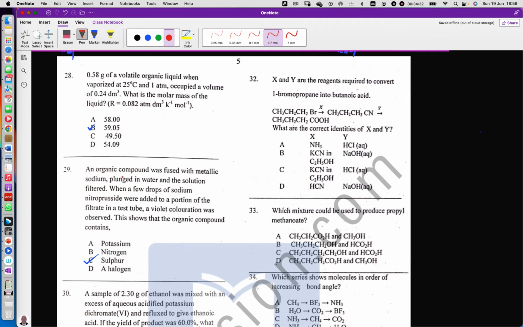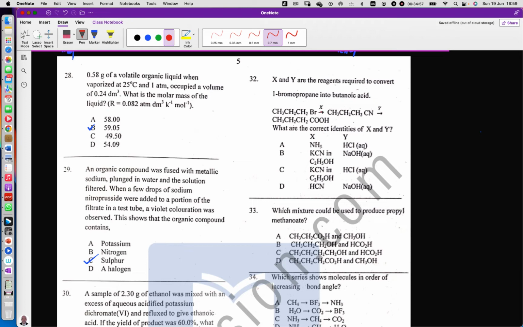Okay, 1-bromopropane has only 3 carbons. In that case, it will have to undergo a reaction that adds a carbon atom, and usually it is always a cyanide that is used for this purpose.